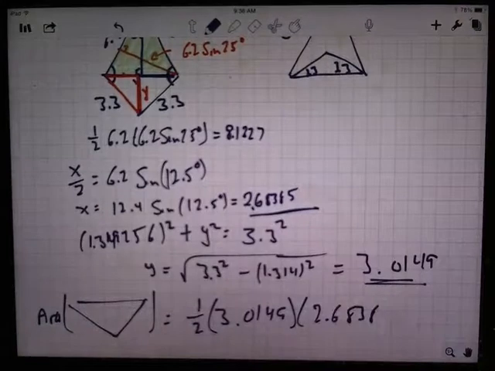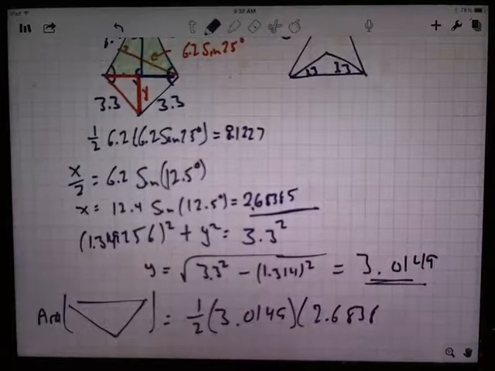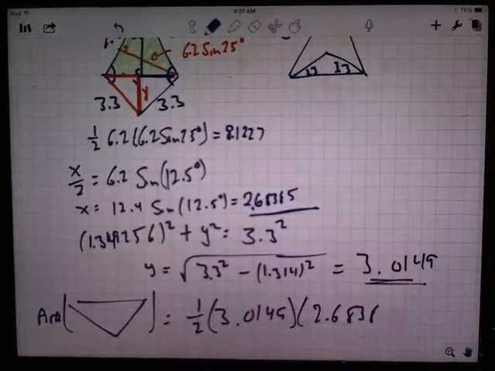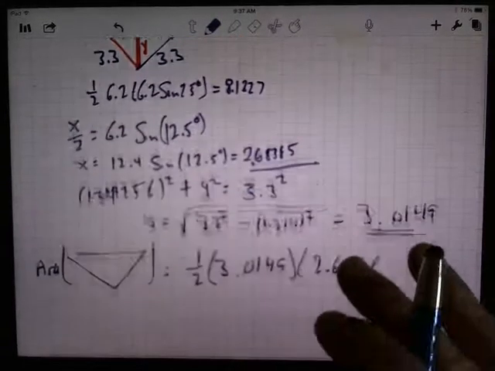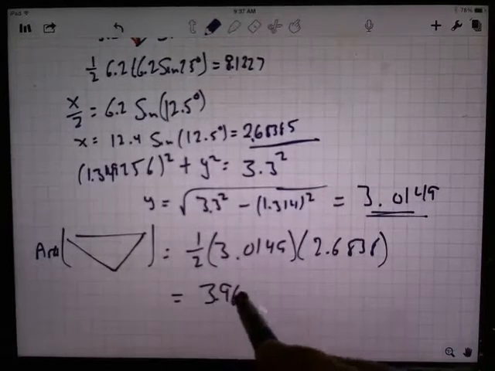Right. So take this number, we're going to multiply it by half of x. And I get an area of 3.964.